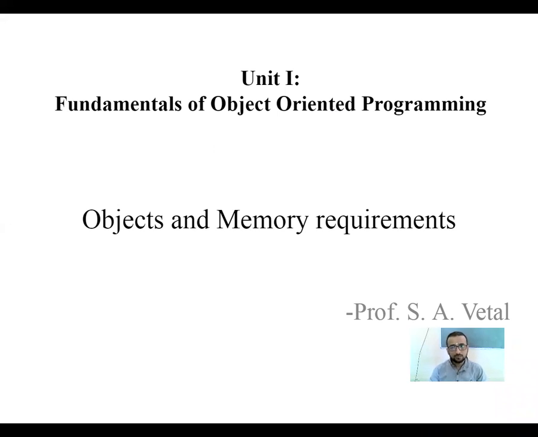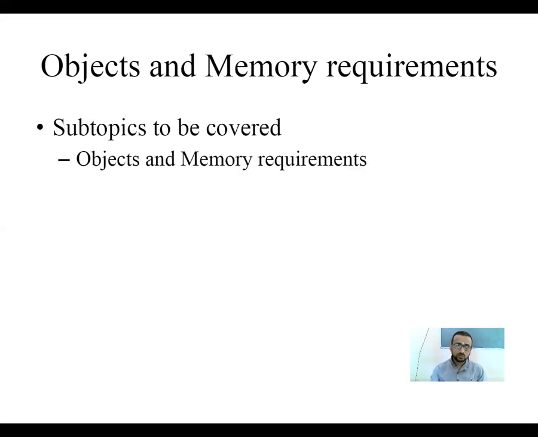In the last lecture, we discussed the functions in C++. So, in today's lecture, we are going to discuss another topic, that is objects and memory requirements in C++ or in object-oriented programming.